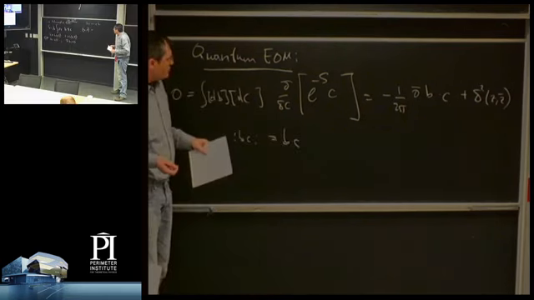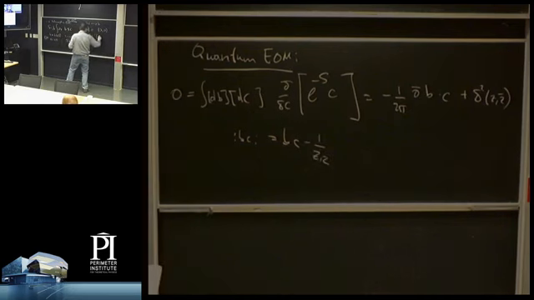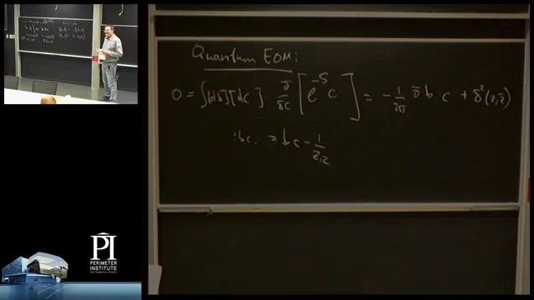Given that they are holomorphic, they carry only holomorphic weights. We decided to make B weight lambda, and C weight h equals 1 minus lambda. I gave you a hand-waving argument that this is a nice assignment, given that the weight of the action is 0, 0, which is what you need at least for classical scale invariance.